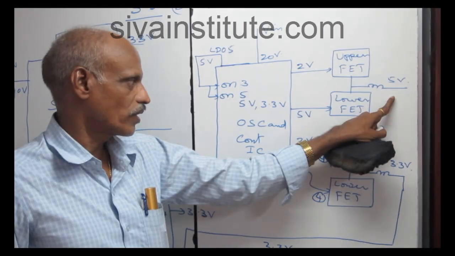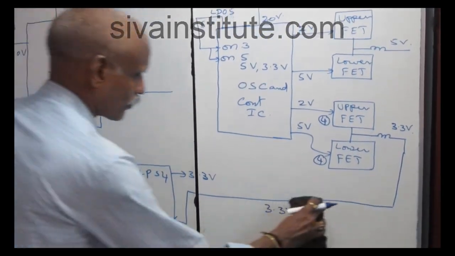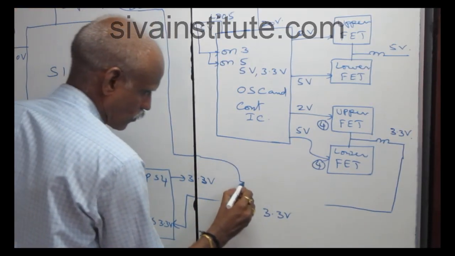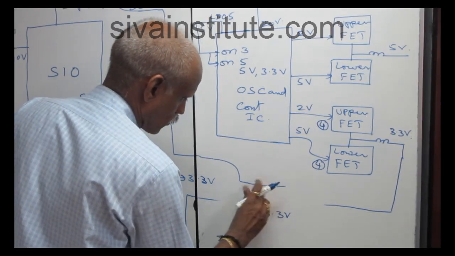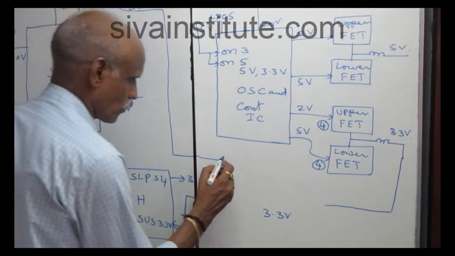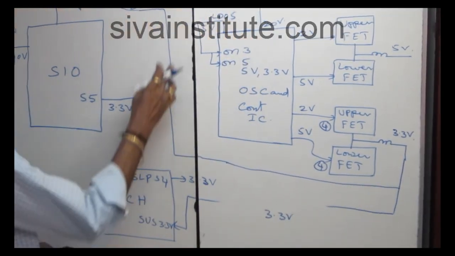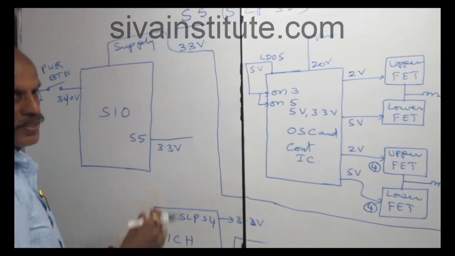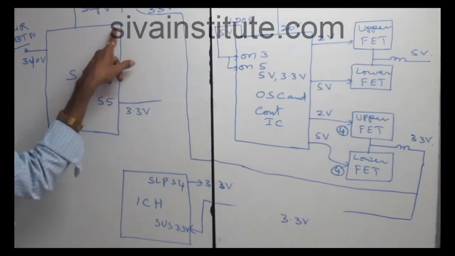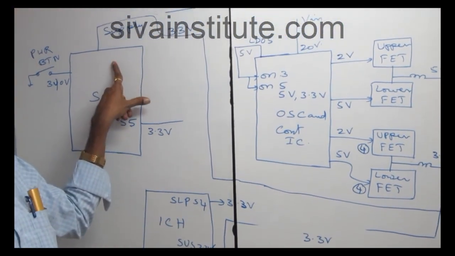After this, the voltage will come here. This voltage goes to the SIO chip. Without pressing the power button, this voltage goes from here to the SIO chip.